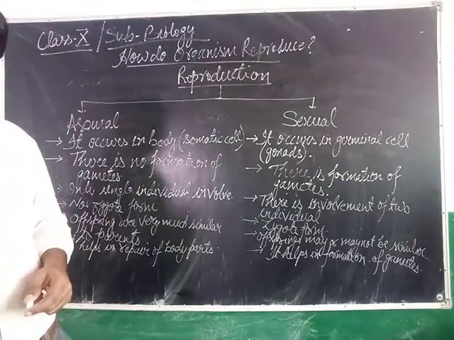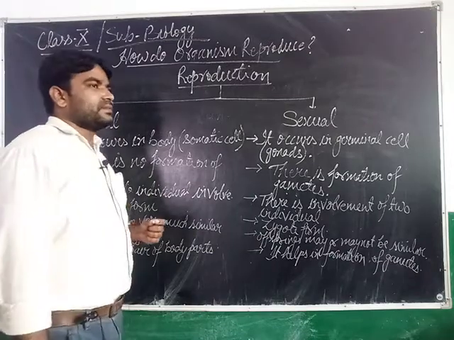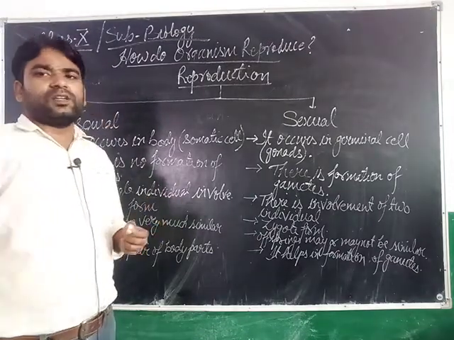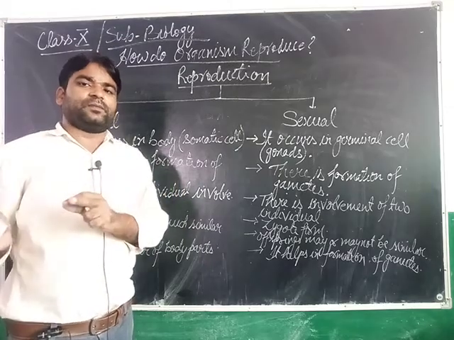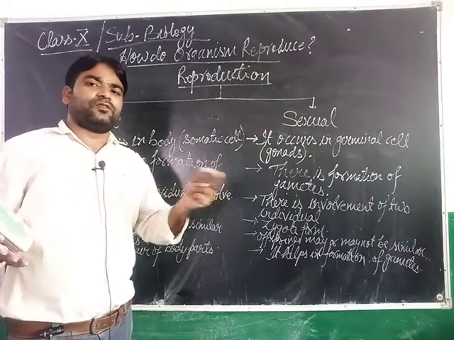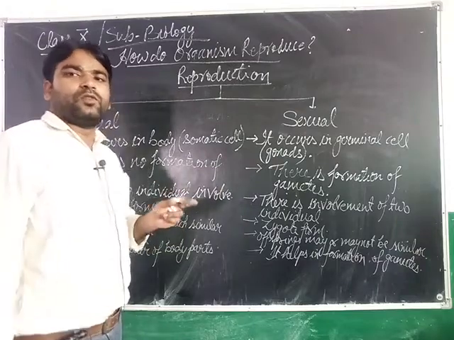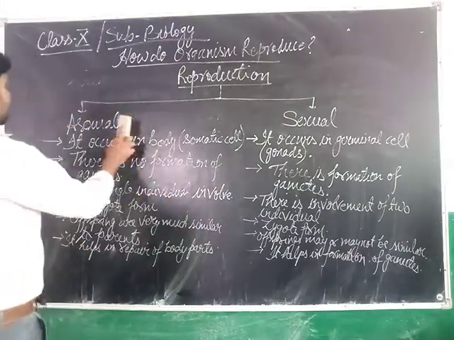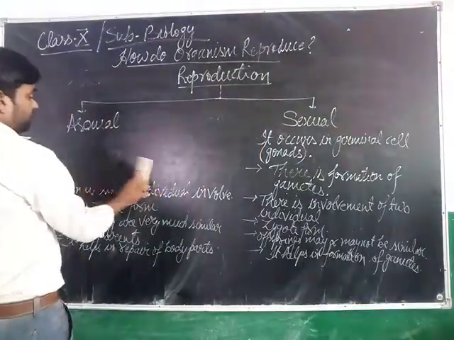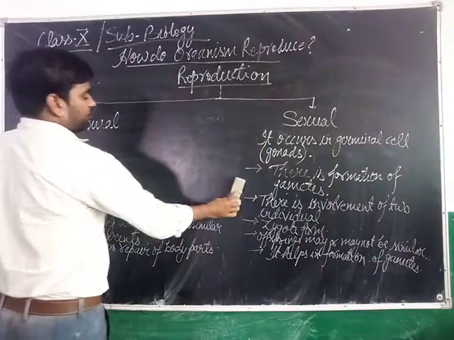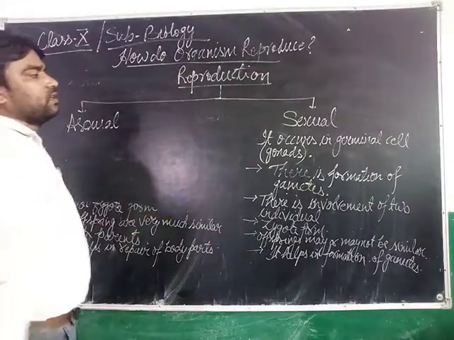Now one more point beta. In asexual reproduction, the characters present in parents are transferred to the next generation, so there will be no variation. No variation occurs in asexual reproduction, but variation occurs in sexual reproduction because mixed characters are transferred from one generation to the next.